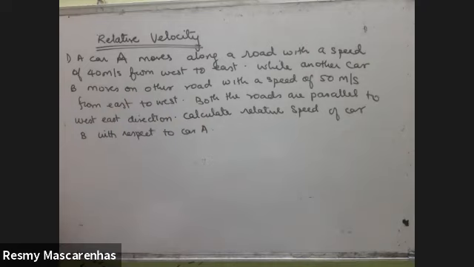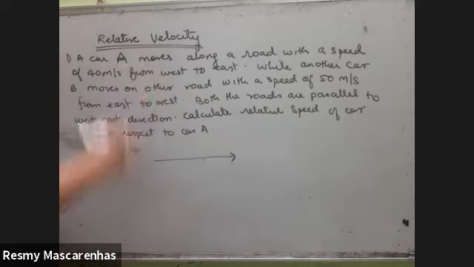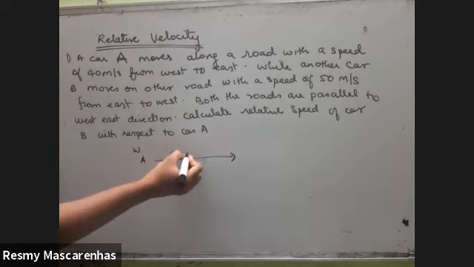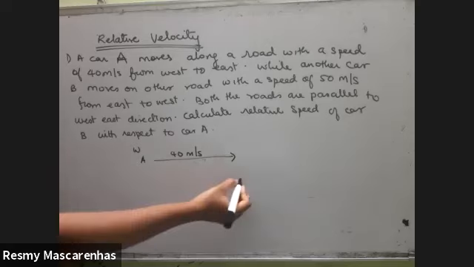Car A is moving along the road with a speed of 40 meters per second from west to east. This is the west direction, and this is the east direction. Another car moves on another road which is parallel to it.